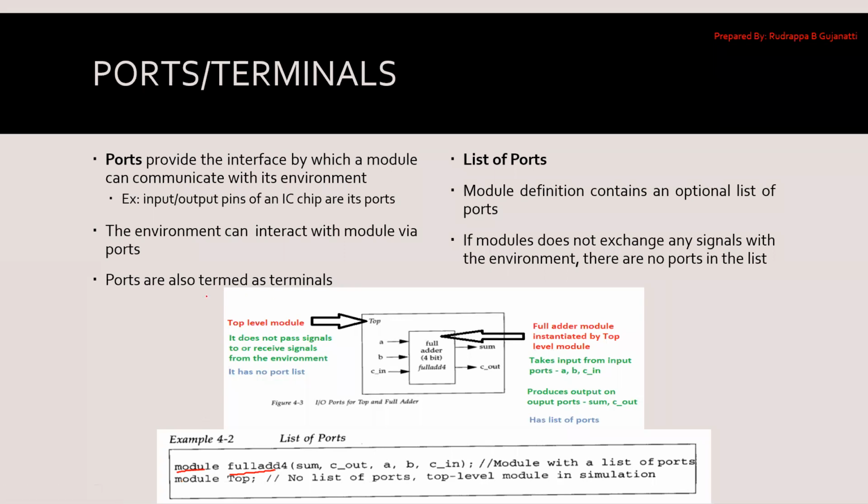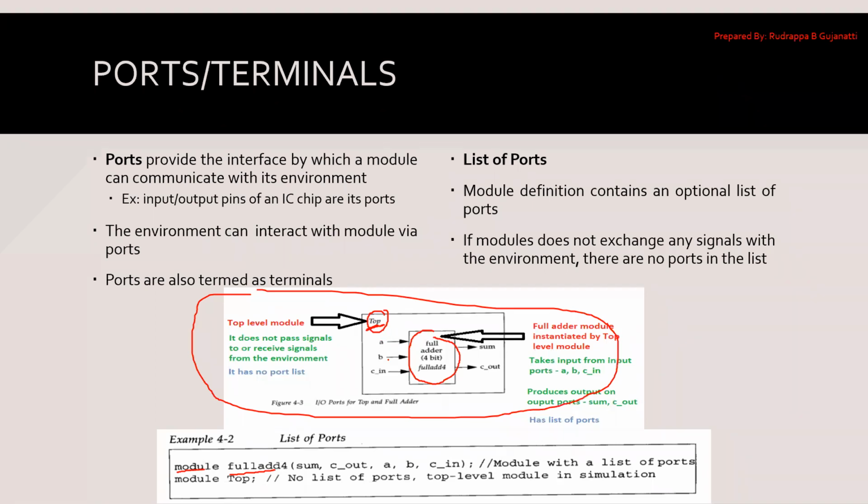An example is shown over here. We have a full adder, which is a module, which is being instantiated by its higher level module, that is top. This is the top level module, which is termed as top over here. This creates an instance of this full adder. When it is creating an instance of this full adder, it has to provide some information.